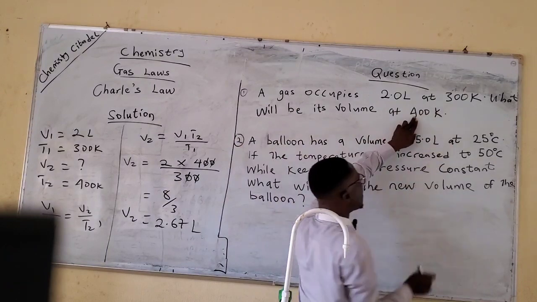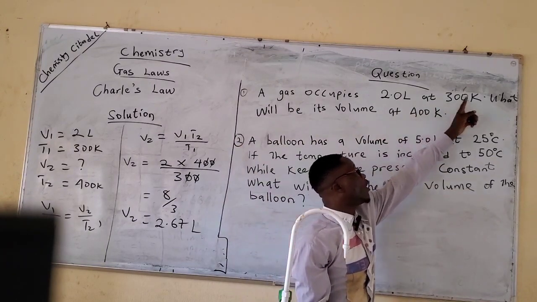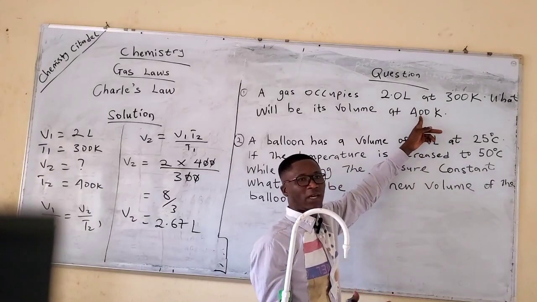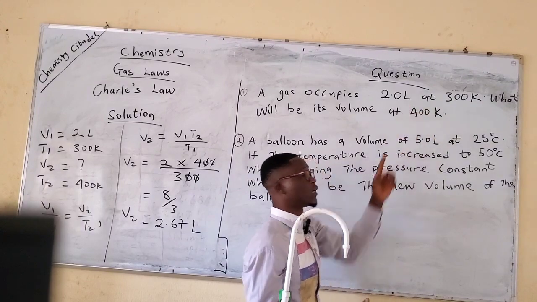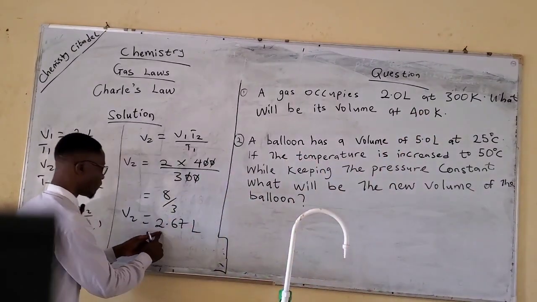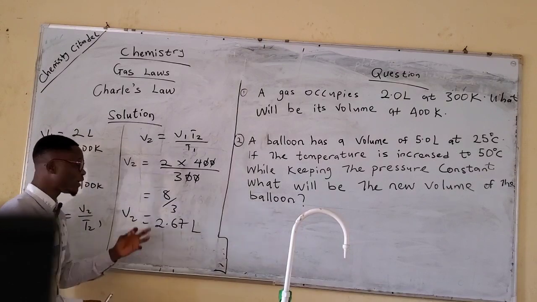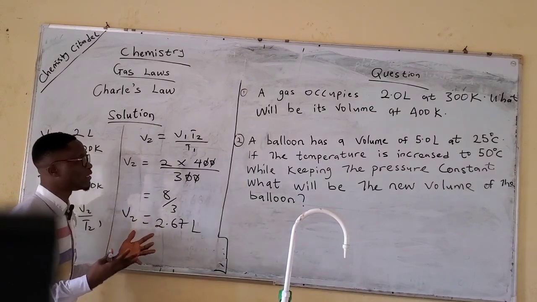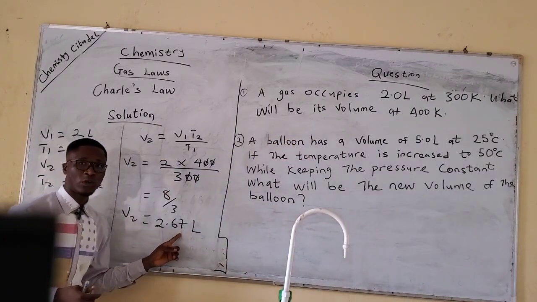Now, look at what happened to the temperature. The temperature increased from 300 to 400. According to Charles' law, what do you expect to happen to the volume? The volume is supposed to increase. Now, look at the new volume we have. The volume increased to 2.67, which means it increased by 0.67 liters. So you can see that when the temperature increased, the volume had to increase.